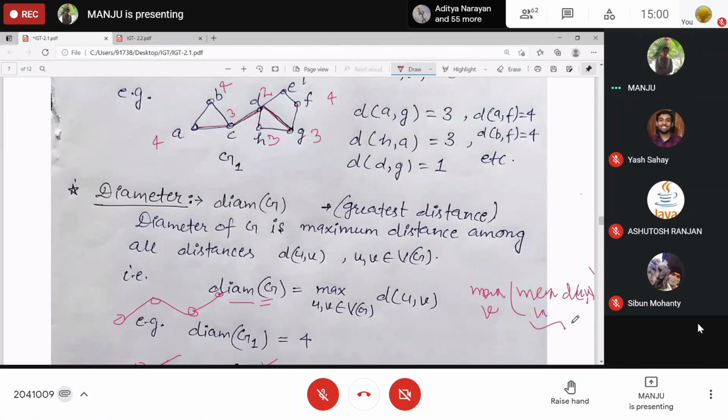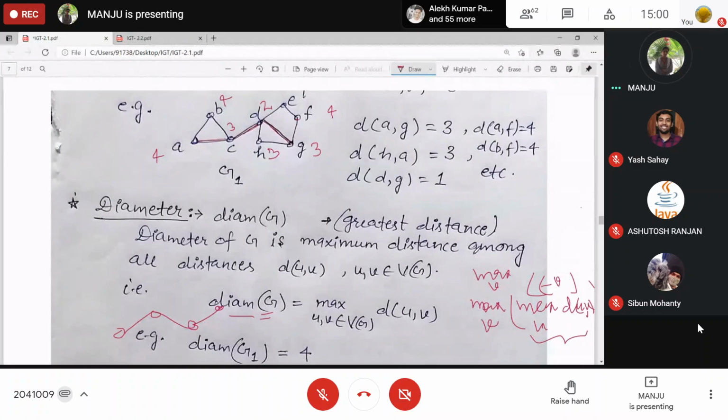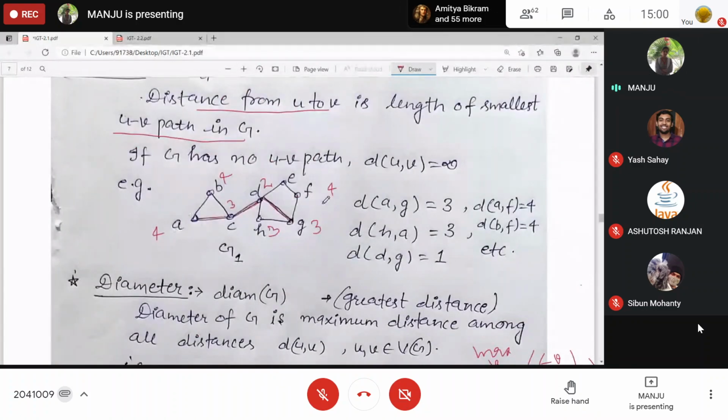Eccentricity. Eccentricity of V gives the maximum distance from V. So find the eccentricity of all the vertices and take the maximum; that will give you the diameter.